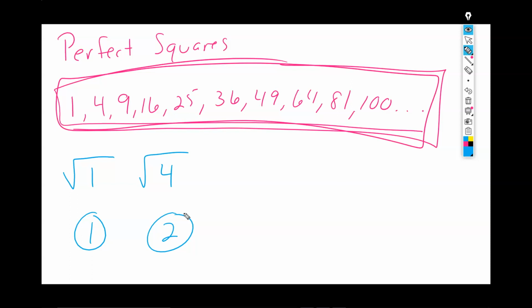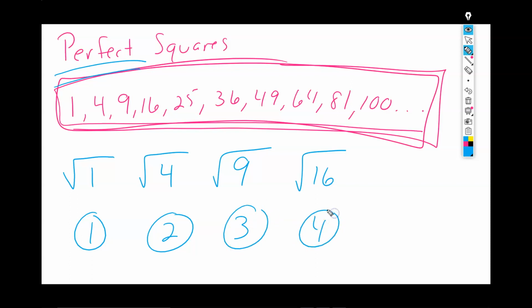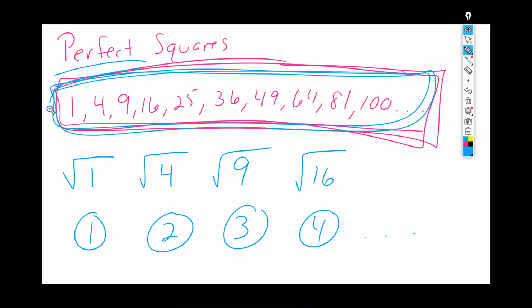And since it gives me a whole number, they are perfect. Square root of 9 is 3. The square root of 16 is 4. And so on. These are perfect squares in the box. If I take the square root of any of these numbers, I will get a whole number.